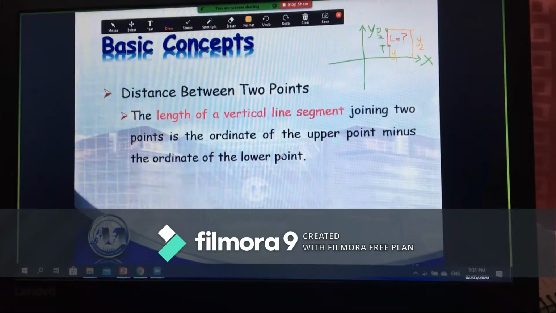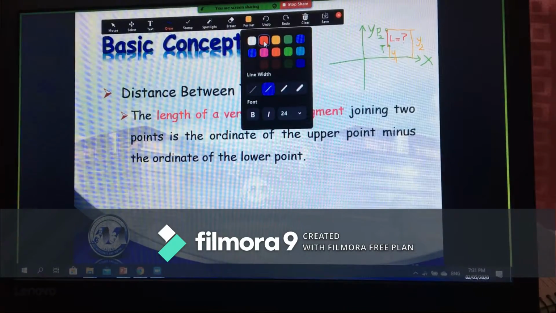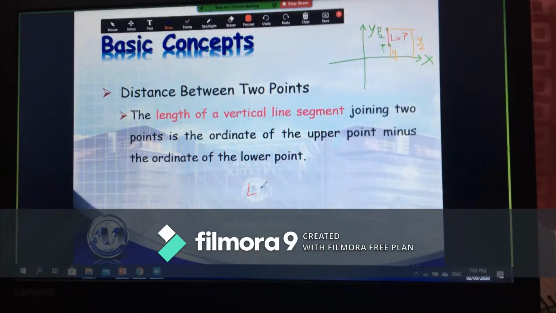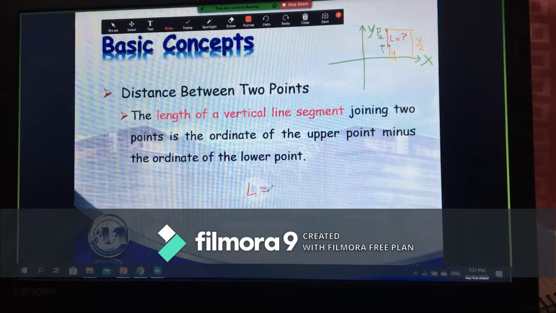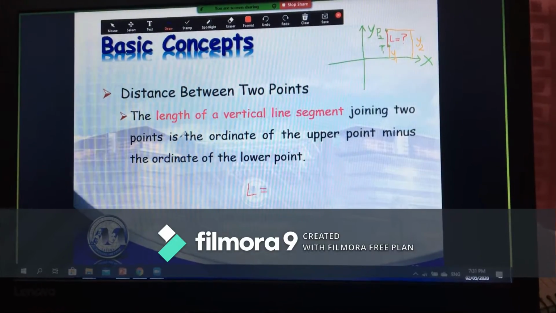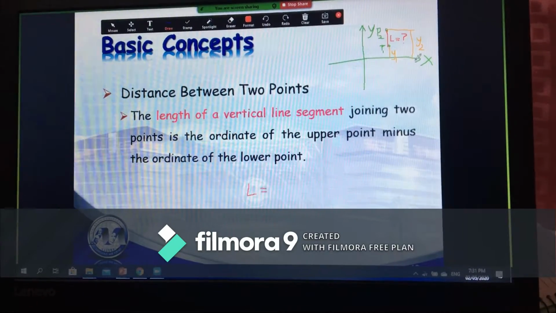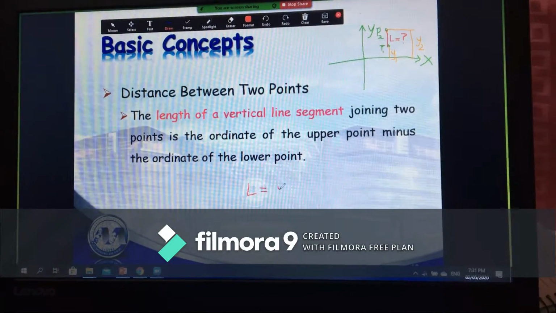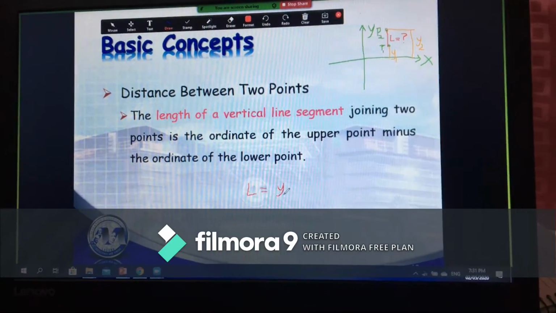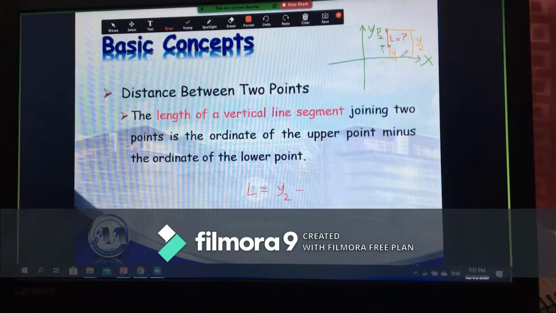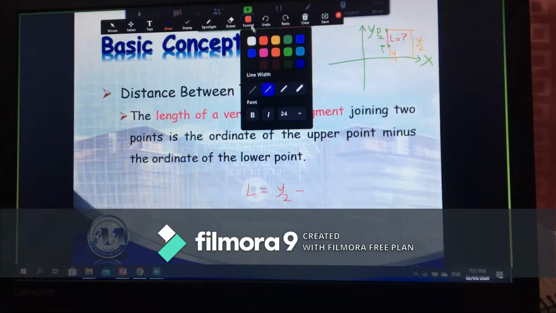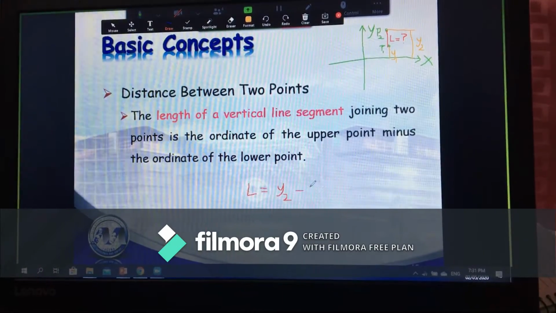so the length, therefore, ano yung length natin? L, no, from this definition, L is simply the ordinate of the upper point. So ordinate meaning y value ng upper point is y2. So this is simply y2 minus ordinate of the lower. So the ordinate of the lower is y1, right? So minus y1.